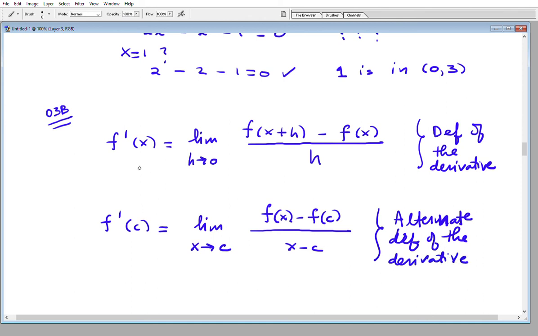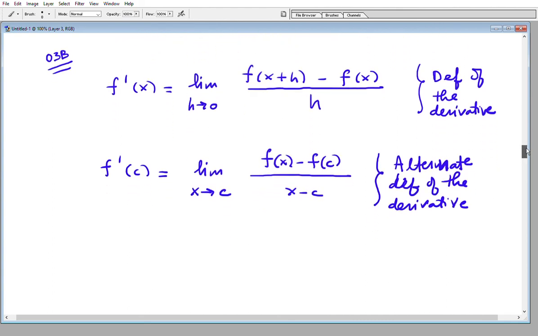So if we wanted the general function f prime of x, we'd use this one. If we wanted only the value at a number like 2, for example, f prime of 2, we could use this one. We could also plug in a 2 here. Those are the 2 definitions of the derivative that you'll come across.